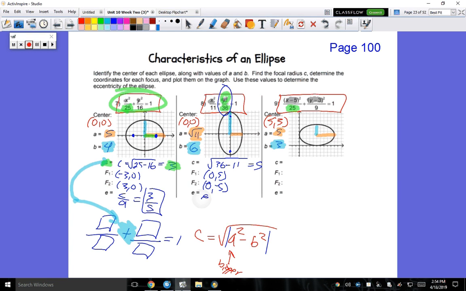Eccentricity is still C over A. And C is going to be 5, and A is going to be root 11. And if you do that with your calculator, tell me what you get. What do you get as a decimal? Actually, I think I might have it wrong.